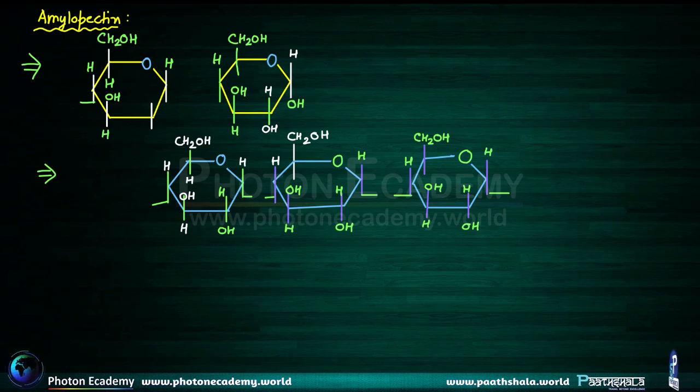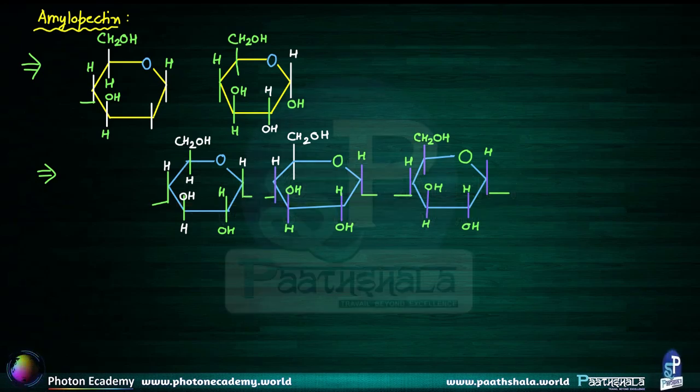And in the first row over here, let us draw the amylose which we just learned. So amylose was nothing but a glycosidic linkage between the C1 and the C4, and it is extending to the rest of the structure.